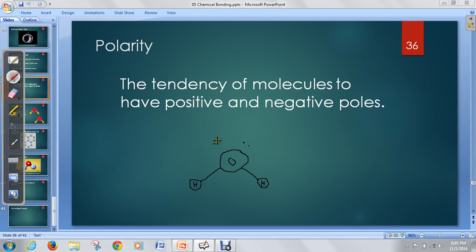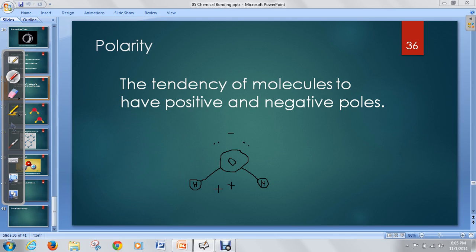We can denote that and say this is the negative side of the molecule, and this is the positive side of the molecule. So it has electric poles, a positive side and a negative side. That's the term polarity. So this would be a polar water molecule.